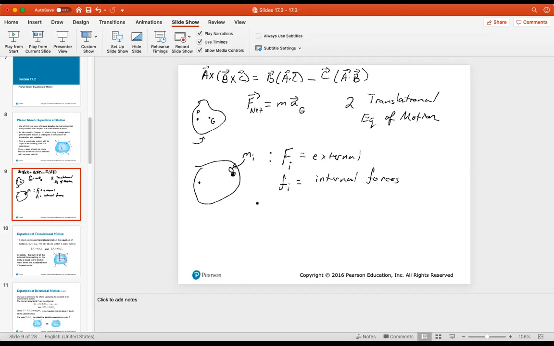So the net force on the ith piece of mass is going to be the sum of the external forces, which could be coming from the outside, plus the internal forces. And using Newton's second law, for this little mass, that must equal the ith mass times the acceleration of the ith mass.